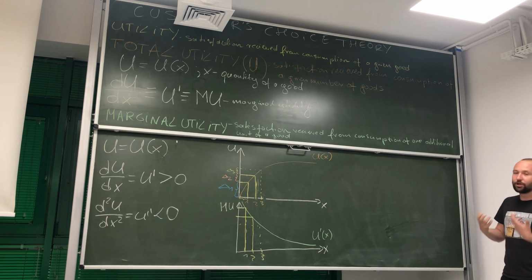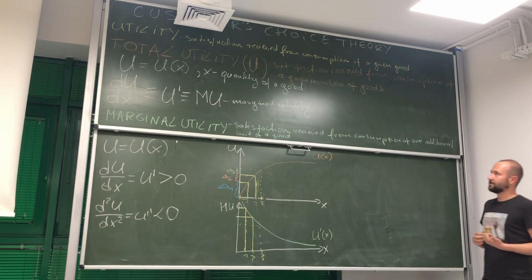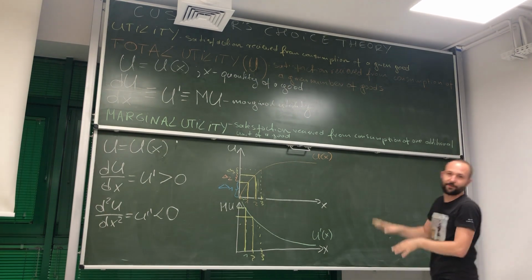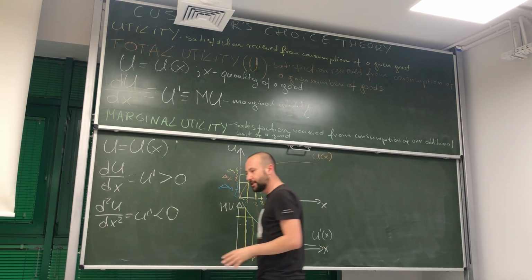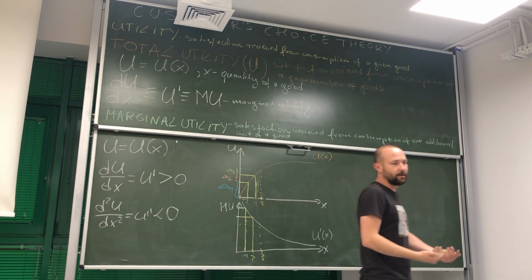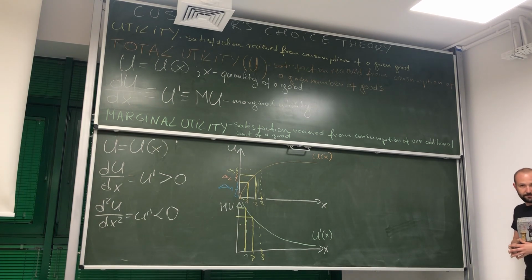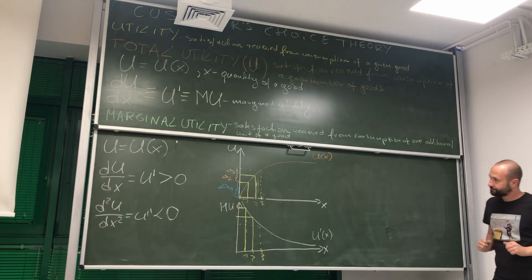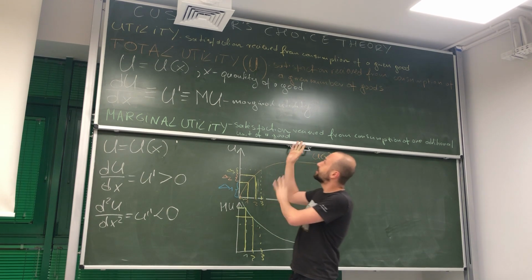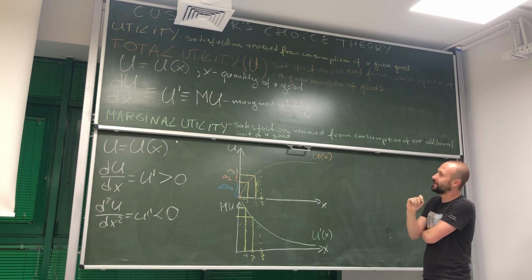We want to include more goods. As it turns out, those two concepts can be easily extended to the case where we deal with more goods. And in those cases, we still will be using marginal and total utility.